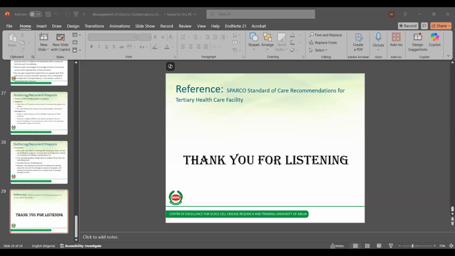With sickle cell disease, if there is no intervention at all, most of them die before the age of 5. But with intervention and with the cooperation of the patient, if they are adhering to all the management and their medications, they can live well and have a good quality of life, so it is not a death sentence.